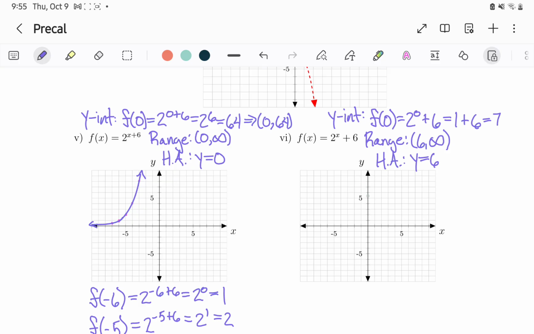So let's go ahead and plot the few points that we can for the graph of f of x in example 6 here. We have our y-intercept at 0, 7.